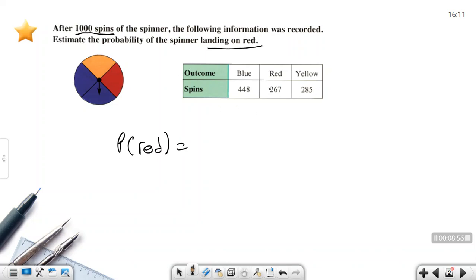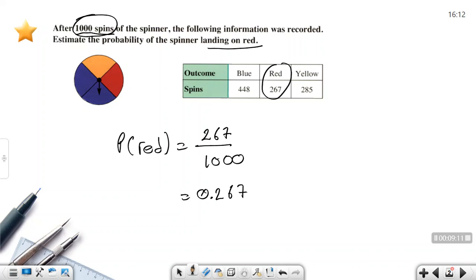If you check the table, it lands on red 267 times. 267 over the total tries. How many times did we try? 1000, so 267 over 1000 equals 0.267. So for the next spin, the probability of the spinner landing on red is 0.267.